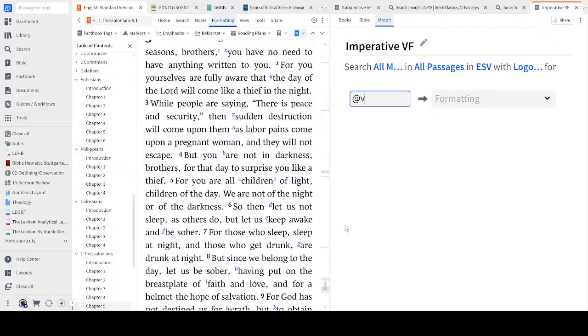And I want to have the imperative. Let's start with the aorist. I only want the ones that have an aorist imperative. We're going to use blue.